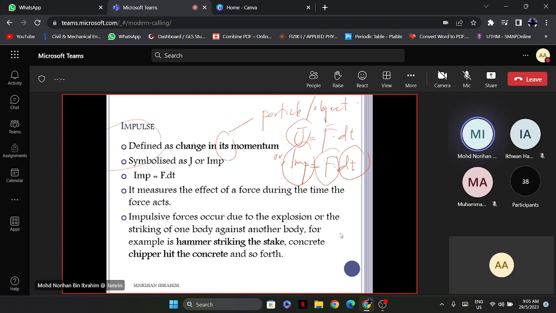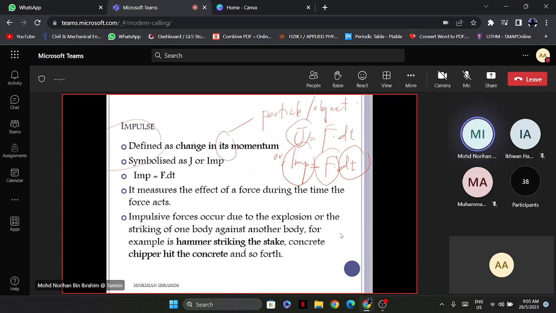The impulsive force occurs due to explosions or the striking of one body against another body. For example, a hammer striking a stake, a concrete chipper hitting the concrete, and so forth.